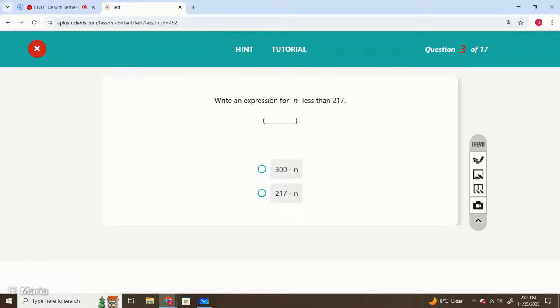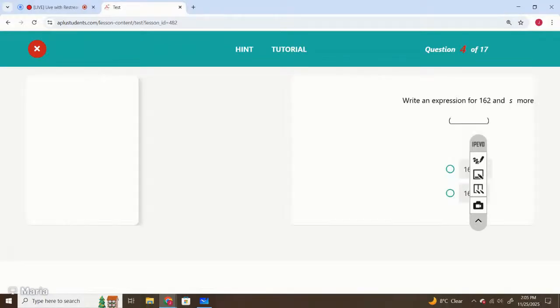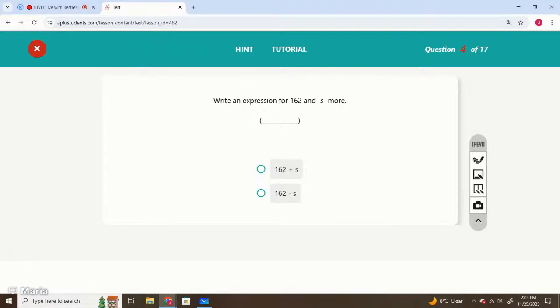Write an expression for n less than 217. So that is 217 minus n. Option number 2 is the correct option. Got it?